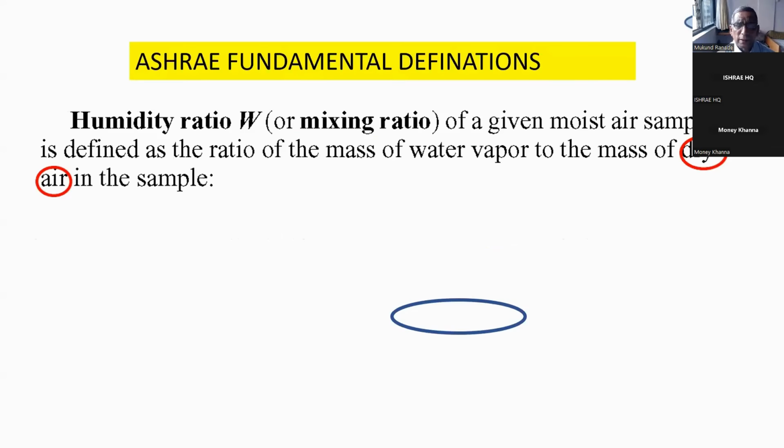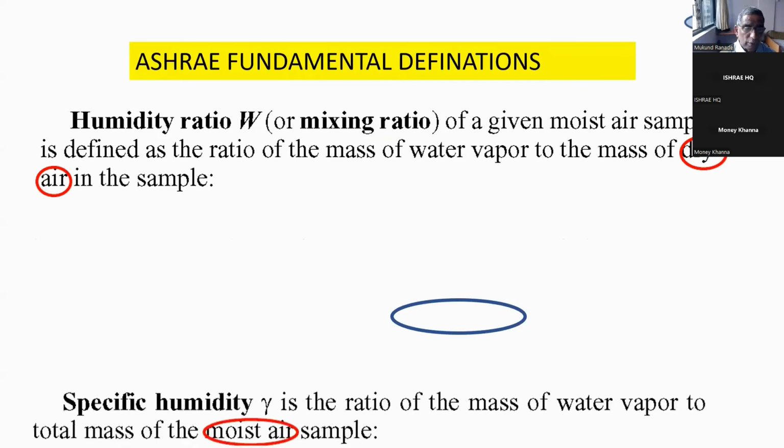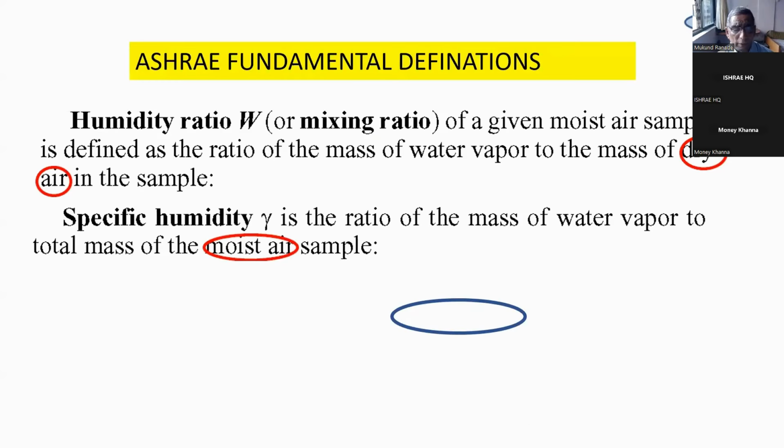Humidity ratio is defined by ISHRAE as the ratio of mass of water vapor to mass of dry air in the sample, which is what is given as the y-axis in the psychrometric chart. There is one more humidity called specific humidity, which is the ratio of mass of water vapor to the total mass of moist air, while humidity ratio is mass of moisture divided by mass of dry air.